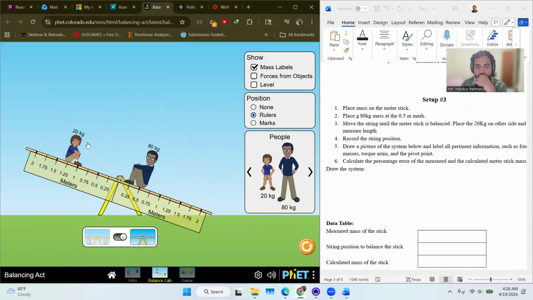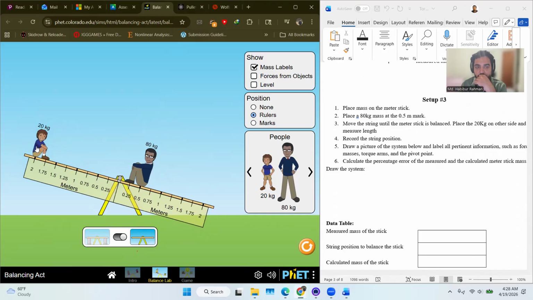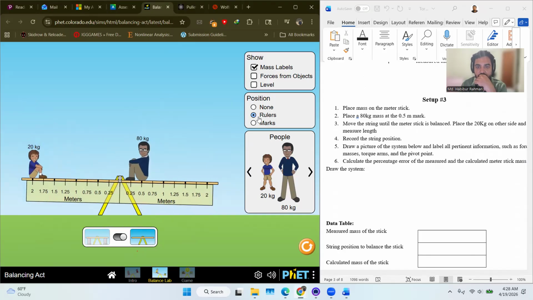And right now we have to balance at any position where it makes, oh, it's balanced. Right now it's balanced. See, you don't have to write it. When you are drawing, you don't have to draw the ruler. So that's how you will submit the lab for the first part.